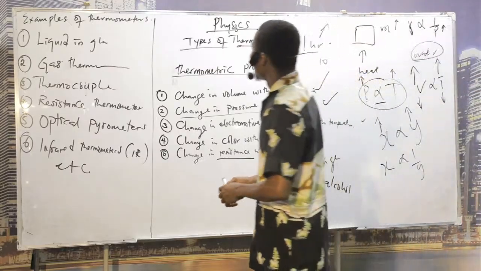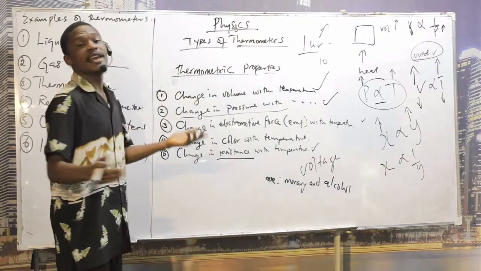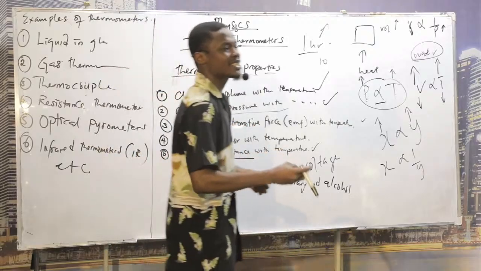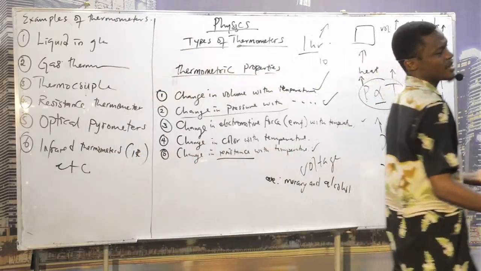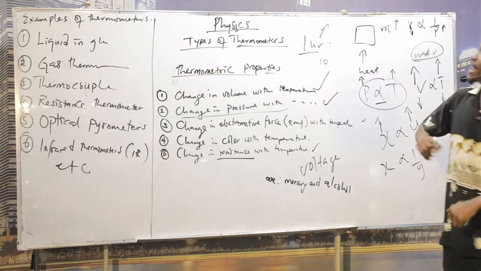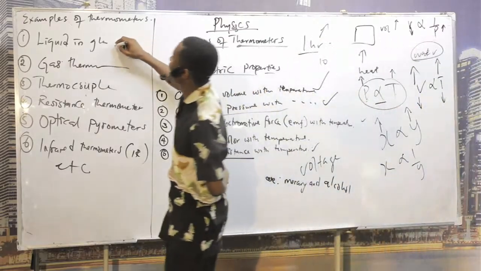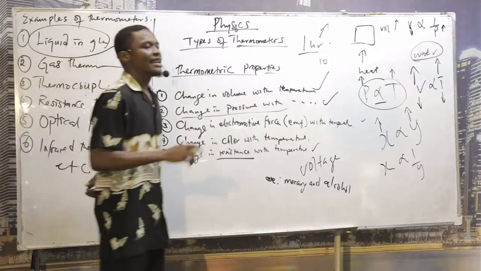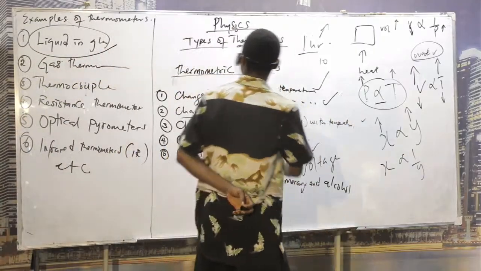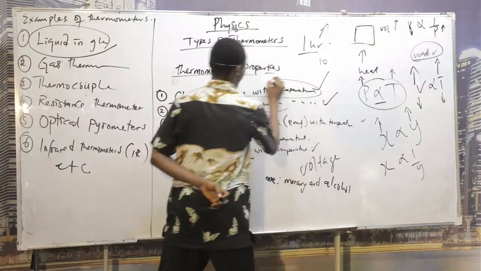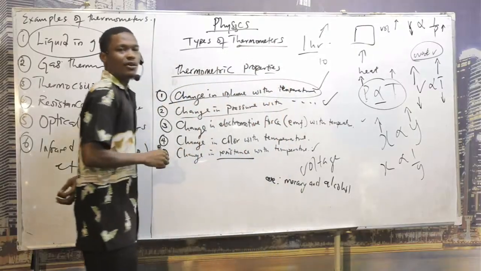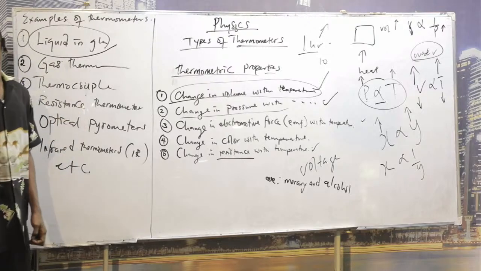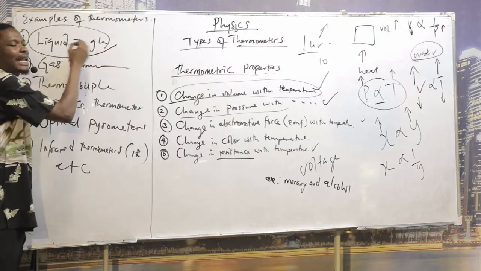Now, let's continue. So basically, a thermometric liquid is a liquid whose volume will change with gaining or losing temperature. As simple as that. Now, we are talking about liquid in glass thermometers. We said that a liquid in glass thermometer is a type of thermometer that makes use of this thermometric property. In an exam, they would ask: what thermometric property is used by liquid in glass thermometers?